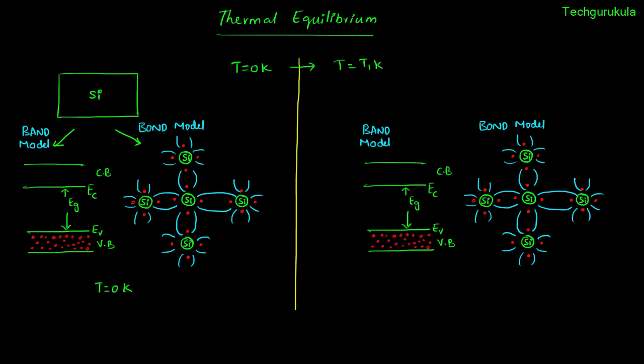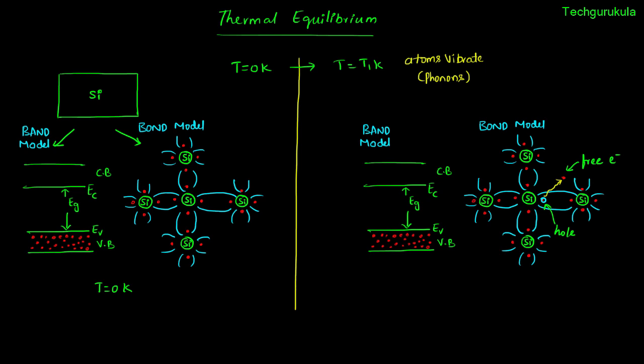Now, as the temperature increased from this case to this case, the silicon atoms in the crystal will start vibrating. This vibration of silicon atoms in the crystal is called phonons. Because of these vibrations, these bonds can potentially break, which will give rise to a free electron, leaving a hole here.